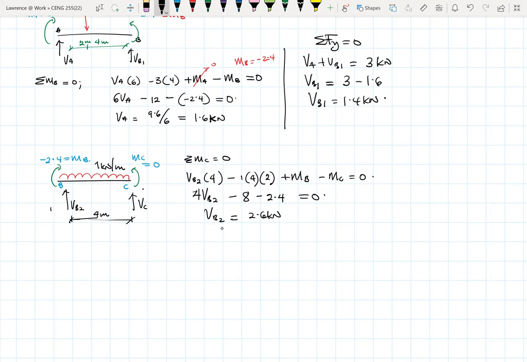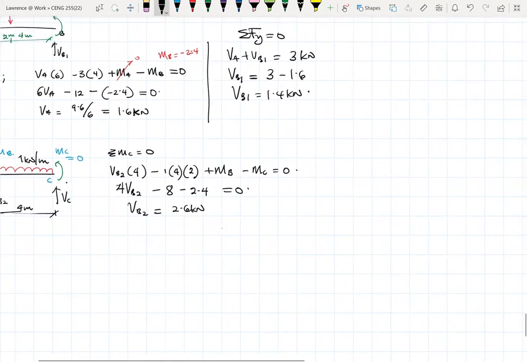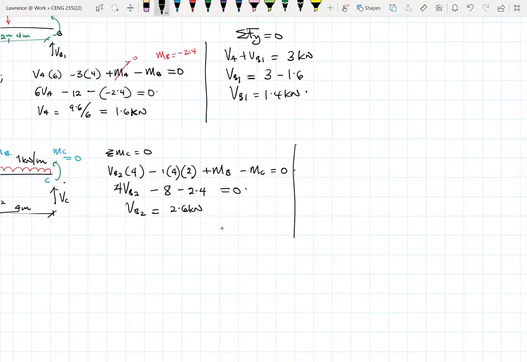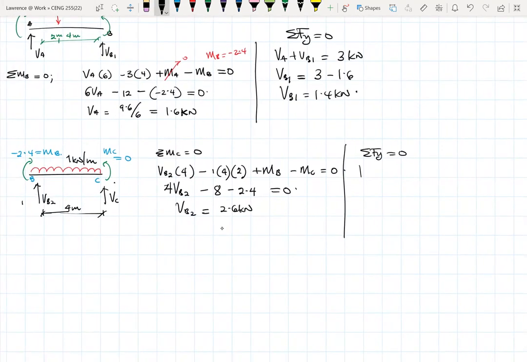So if VB2 is 2.6, then summing vertical forces, it means that VB2 plus VC equals 1 times 4. So VC will be 4 minus 2.6, and then VC will be 1.4 kilonewtons.